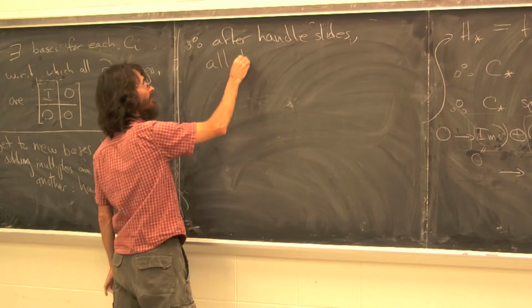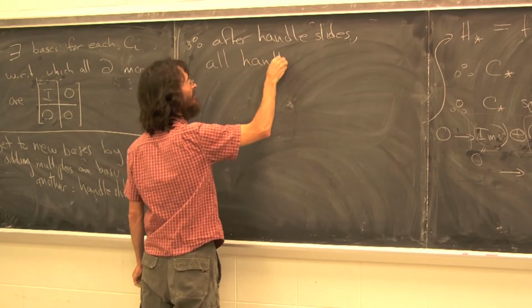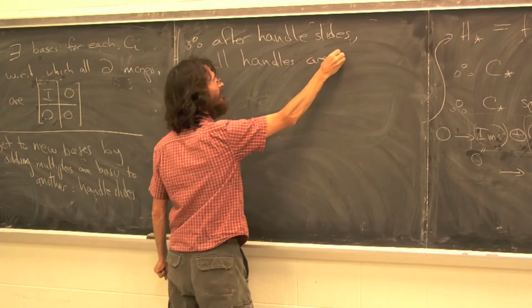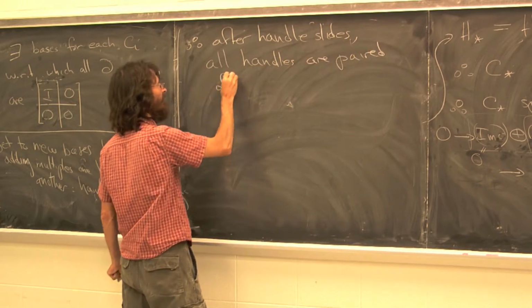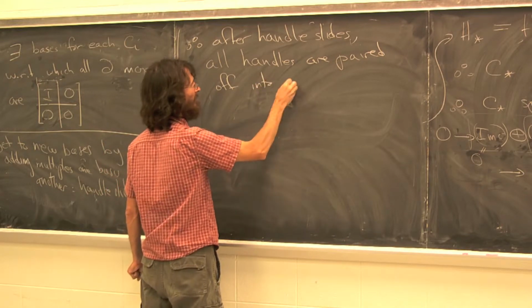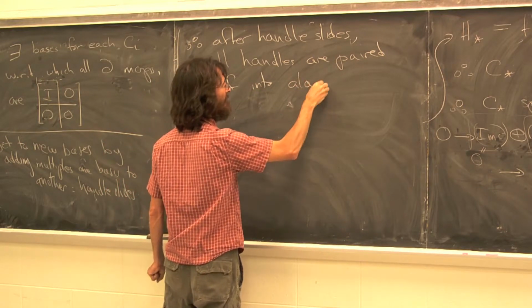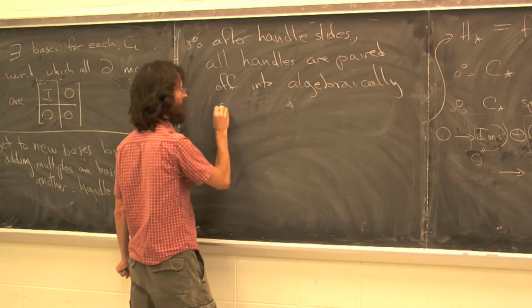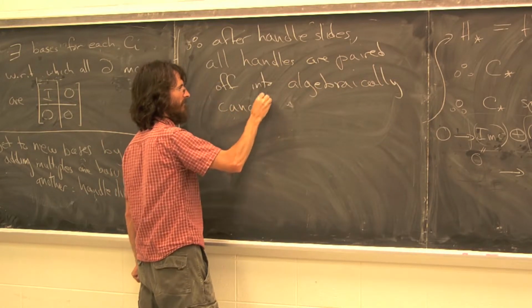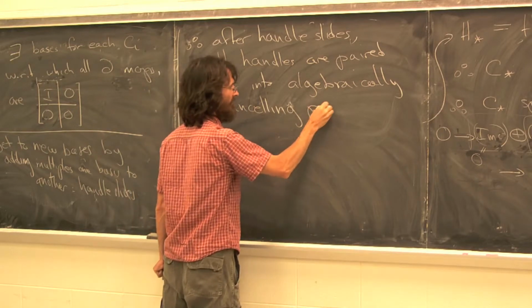Now all handles are paired off, you're algebraically canceling pairs. But are they actually canceling?